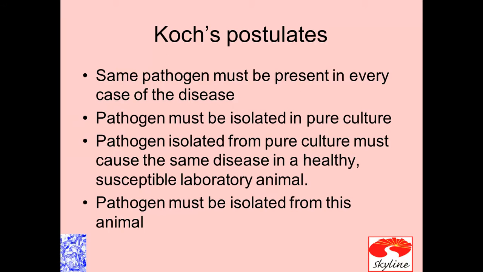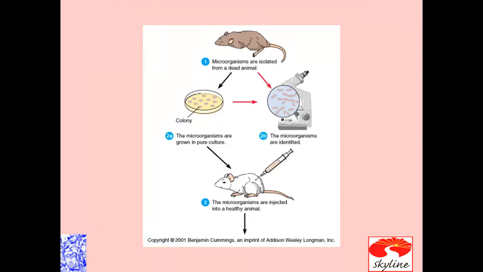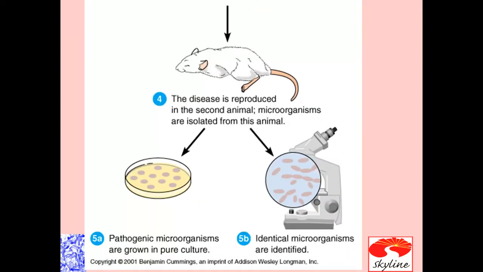Lastly, if we extract the pathogen from the inoculated laboratory animal, the pathogen should be retrievable. So the pathogen should be acquired from that healthy laboratory animal. Here we're seeing a diagrammatic representation of the processes that outline Koch's postulates.